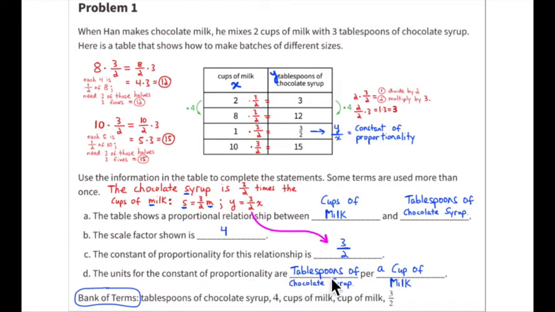So the unit is a tablespoon. So it's 3 tablespoons per 2 cups. I'm not sure which they want in this case, but that's not a choice down here. So it's tablespoons of chocolate syrup per a cup of milk. 3 tablespoons, 2 cups of milk. All right, that's problem number 1.